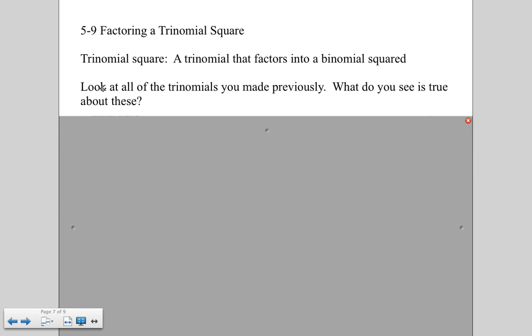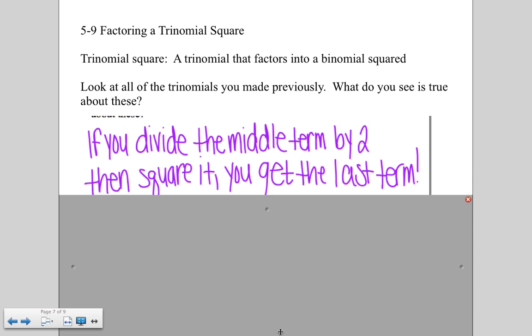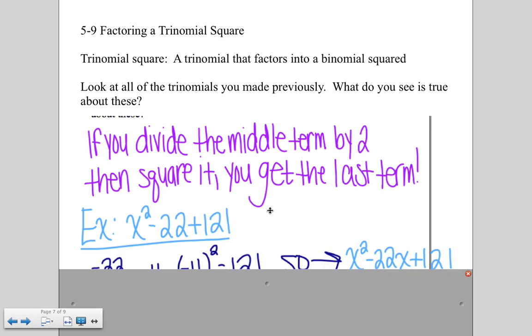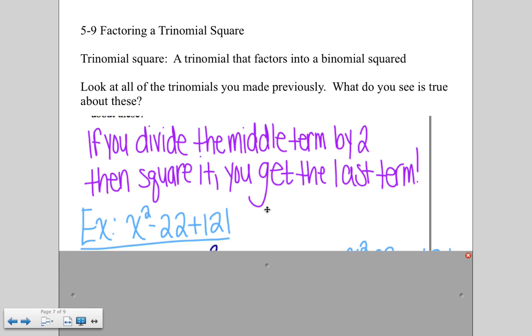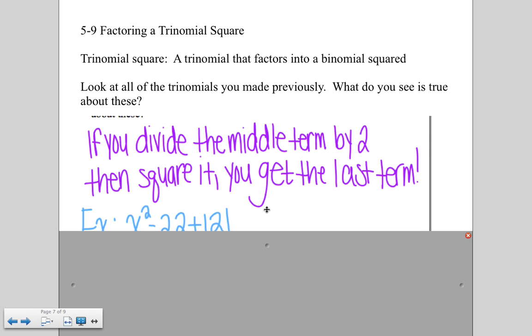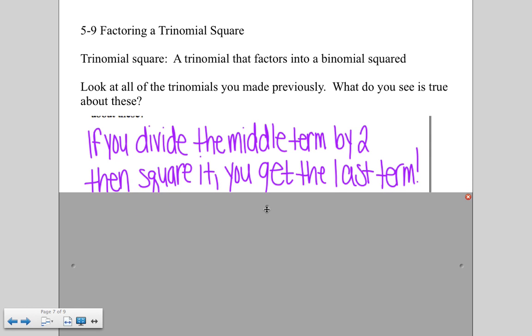Okay, so all of the trinomials that we made previously in the last slide, what do you see is true about all these? So let's just recall that pattern. If you divide the middle term by 2 and then square it, you get the last term.